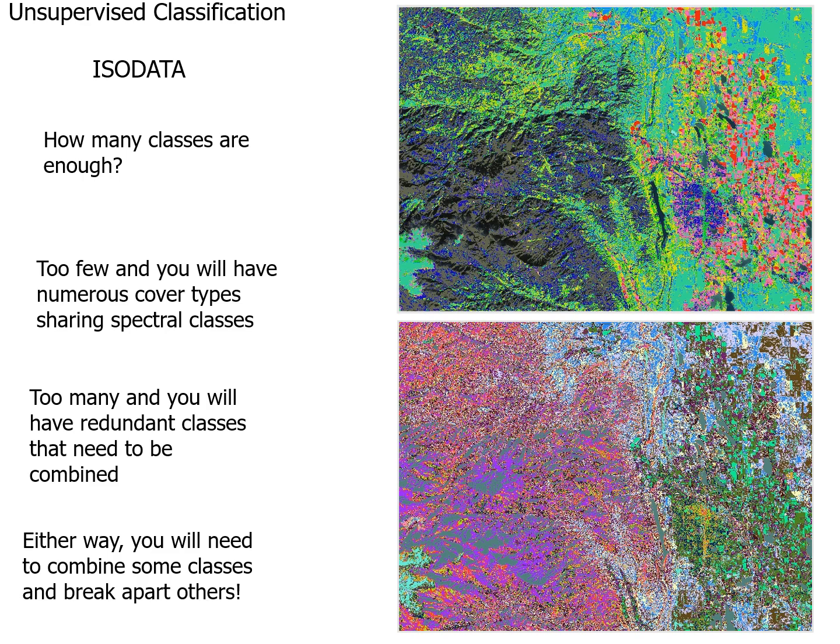In practice, if you wind up with creating 70 classes and you wind up wanting to recode them to say 12 classes, it's just a lot of manual labor that you have to do to convince ArcGIS that it wants to do recoding with that many classes. So either way, you're probably going to need to break up some classes or combine classes before you have a final product that you're comfortable with.